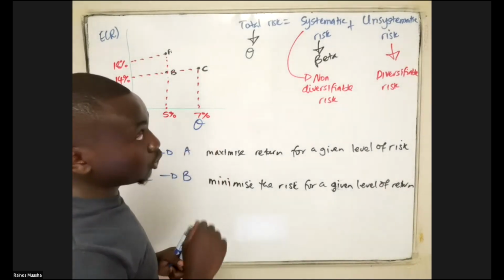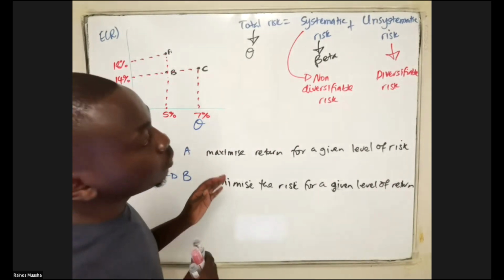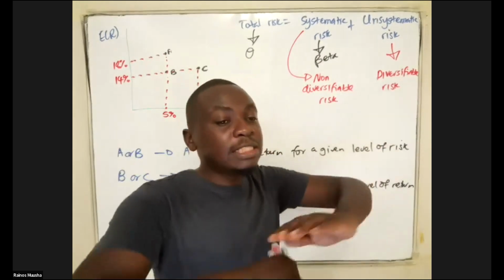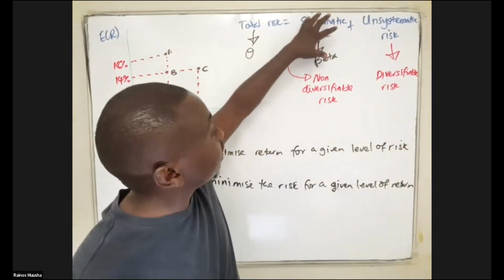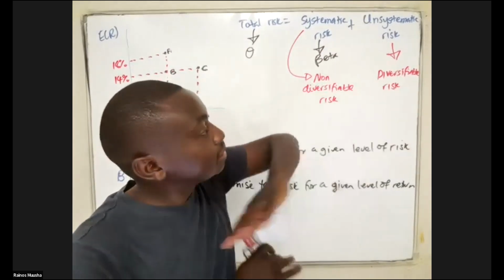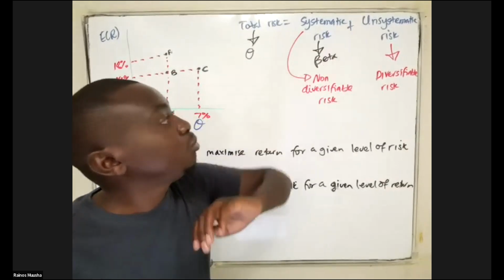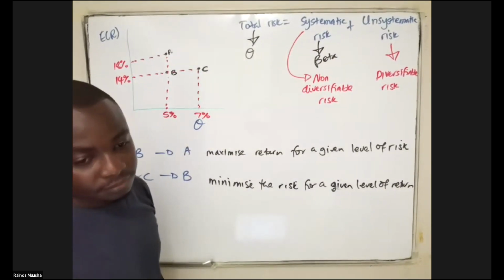So in your portfolio, your ultimate aim is to diversify your portfolio by having different securities so that the only risk you are going to be left with there is your systematic risk, so that your unsystematic risk falls away.